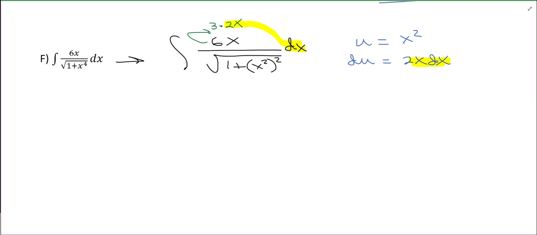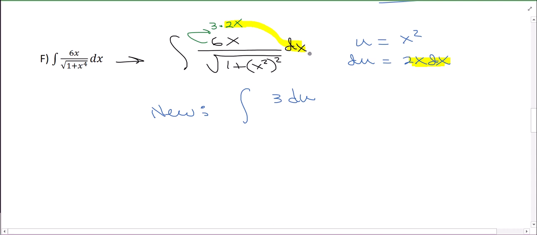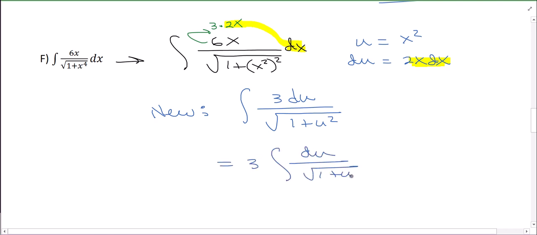So then we can rewrite the new integral as the integral of 3 du, because 2x dx is du, over the square root of 1 plus u squared. And now we can take that constant out and say du over the square root of 1 plus u squared.